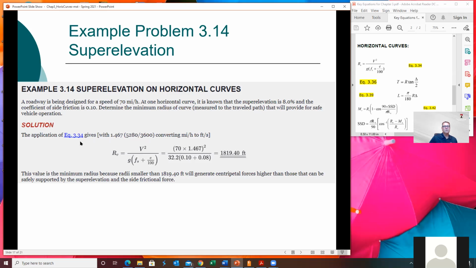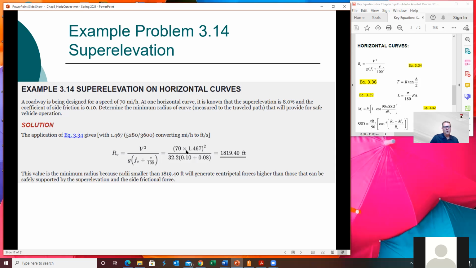So you take equation 3.34 over here, which is R sub V equals the speed squared divided by the acceleration due to gravity, g, multiplied by the coefficient of side friction plus the super elevation rate divided by 100. So you put in here 70 miles per hour.